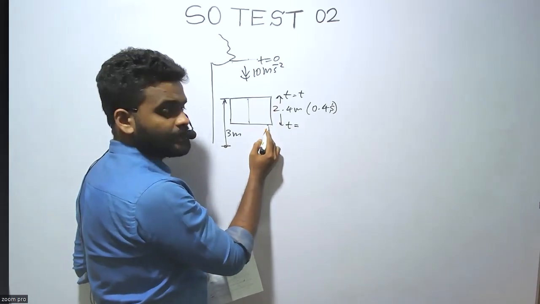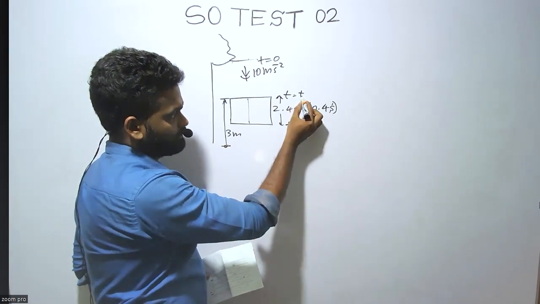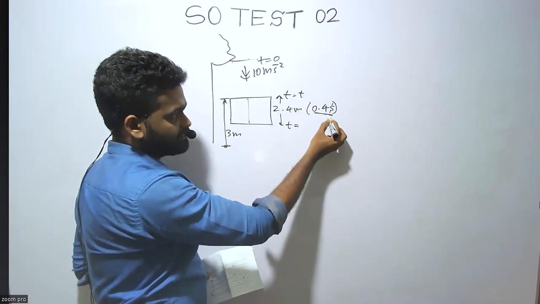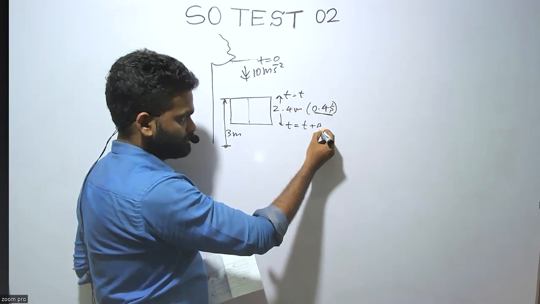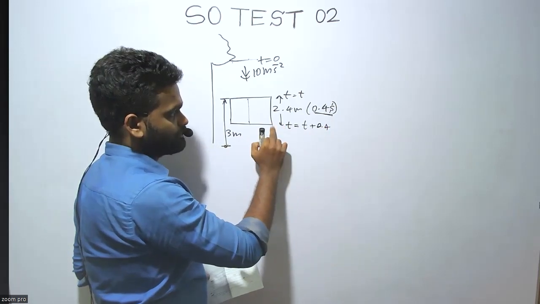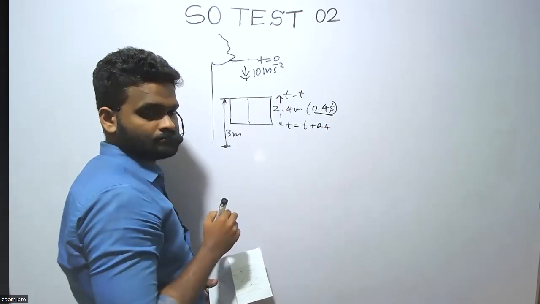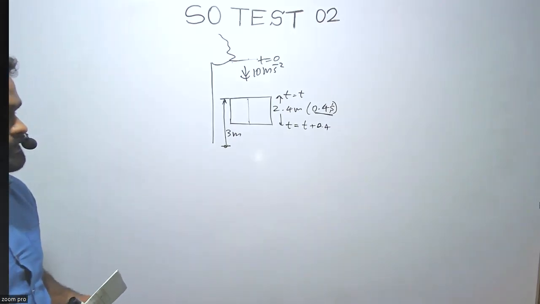At the lower edge of the window, what's the time? If it is t here, it has spent 0.4, so the time should be t plus 0.4. Here t plus 0.4, here t.